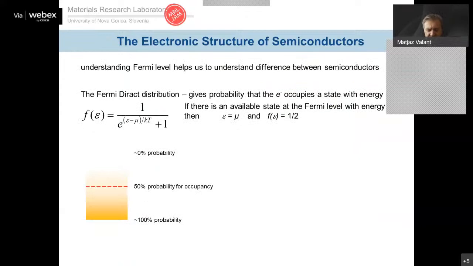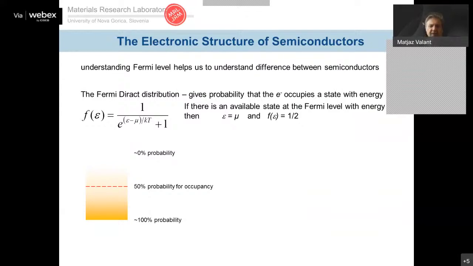Now I would like to tell you in a relatively simple manner what the Fermi level is. The Fermi level is something artificial. We have defined it just to help us understand all the electronic properties of the semiconductor under different circumstances.